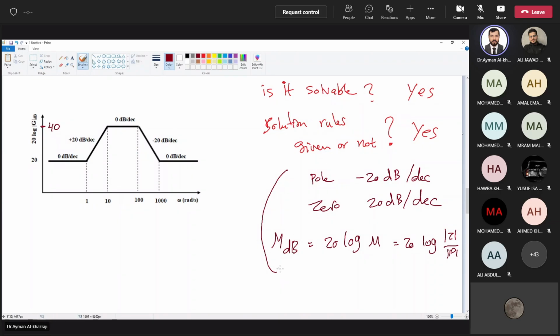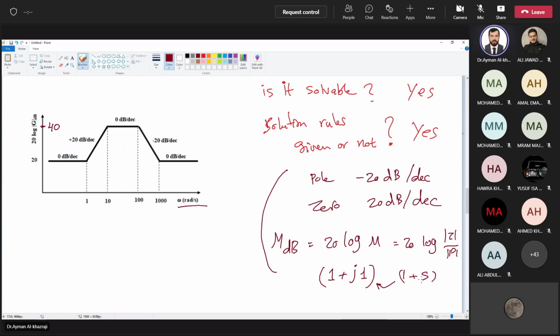What is the corner frequency? I remember that corner frequency gives me 1 plus j1. If I have 1 plus s, this is the corner frequency. Where is the corner frequency here?